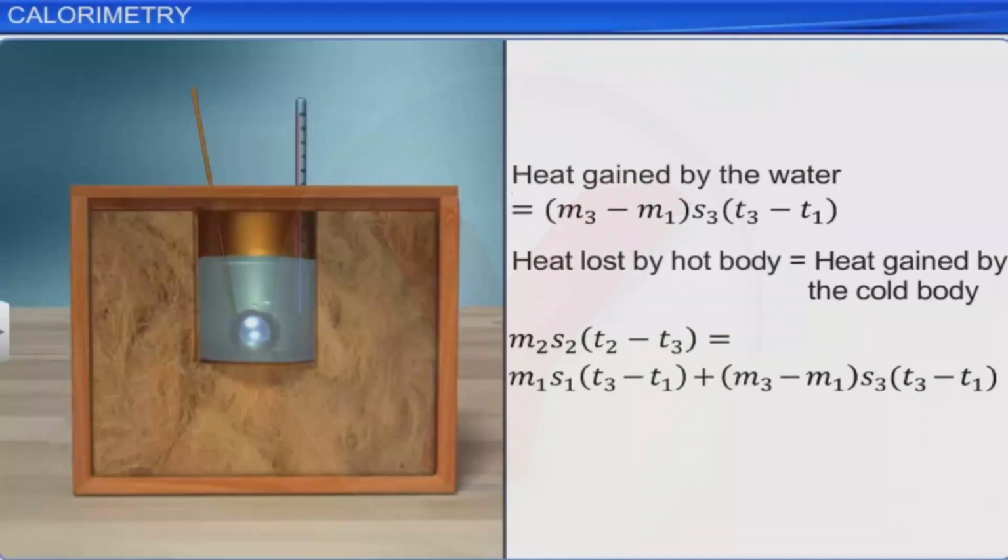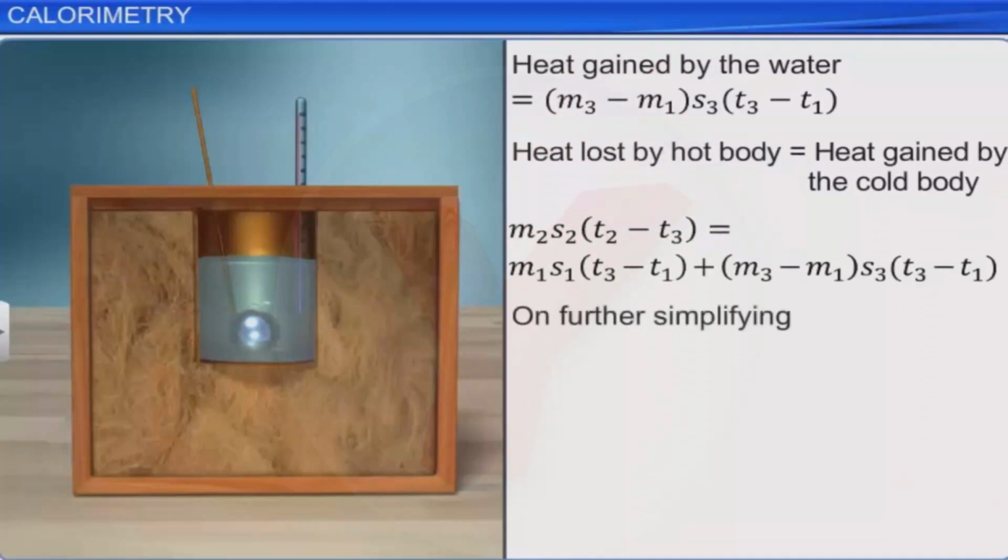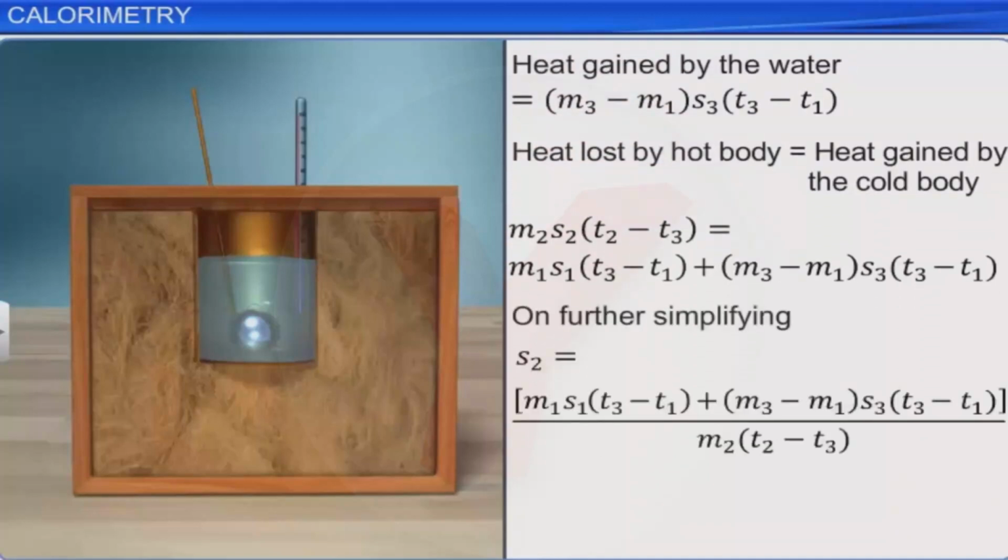On further simplifying, S2 equals [M1 into S1 into (T3 minus T1) plus (M3 minus M1) into S3 into (T3 minus T1)] by M2 into (T2 minus T3).